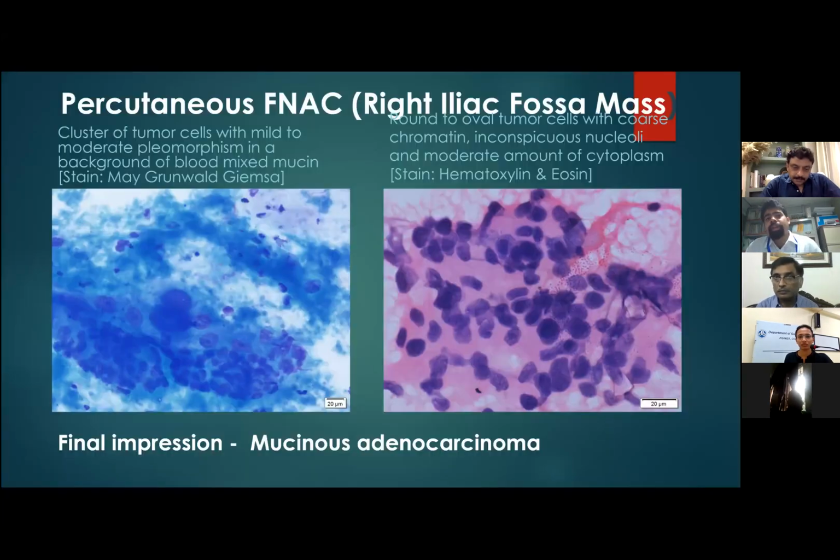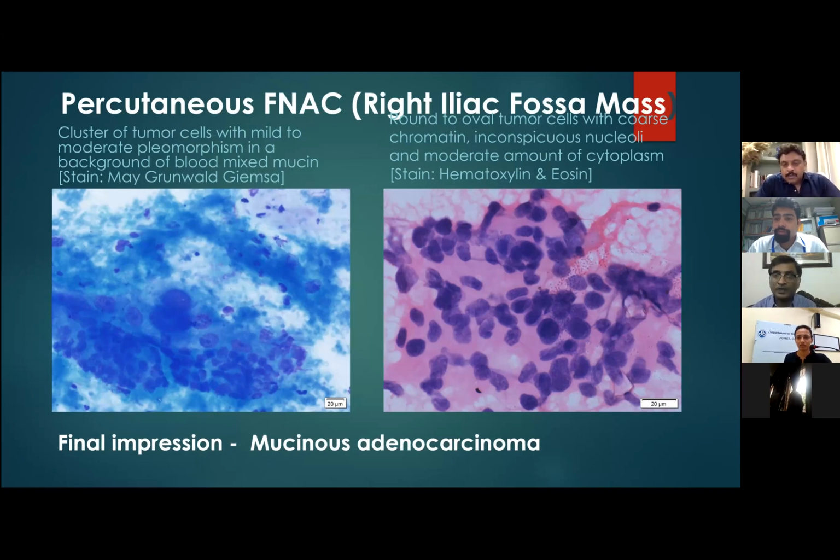The patient underwent an FNAC, and this is the FNAC report. There was a cluster of tumor cells with mild to moderate pleomorphism in a background of mucin. And there were some oval round tumor cells with coarse chromatin, inconspicuous nucleoli and moderate cytoplasm seen. So the pathologist gave a final impression of a mucinous adenocarcinoma.